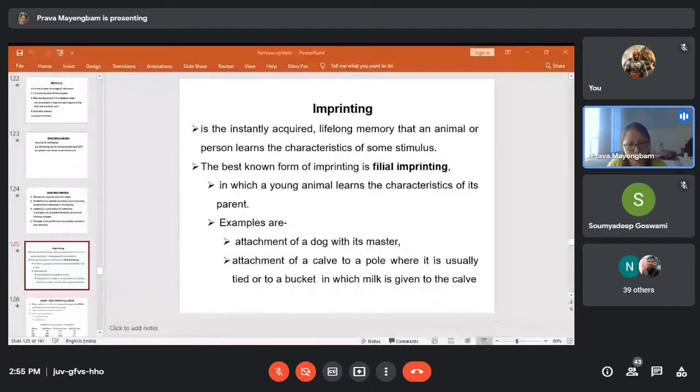Even after years, when the calf has grown up to an adult, there will be some attachment between that calf and the bucket. That kind of attachment, that memory which remains for a prolonged period of time, maybe lifelong, is called imprinting.